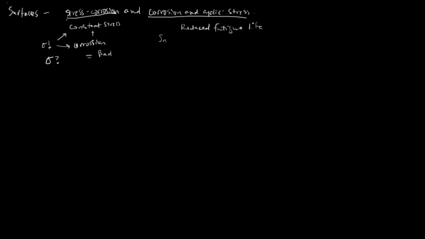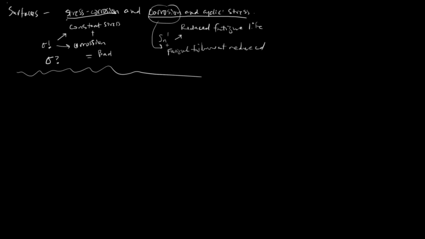If we find our fatigue life due to loading conditions, even with our surface factors, but then we add corrosion to the fatigue, then we have a fatigue failure at a reduced life. So in both cases, the stress corrosion and cyclical stress lead to reduced life of a component.